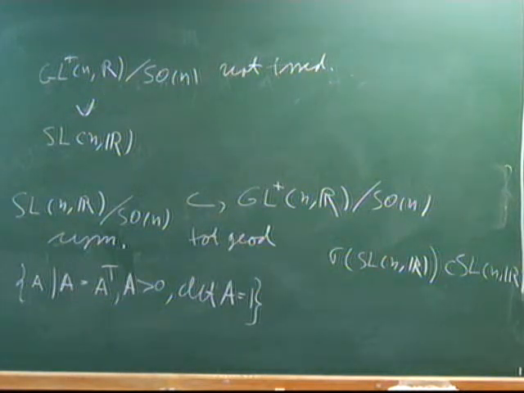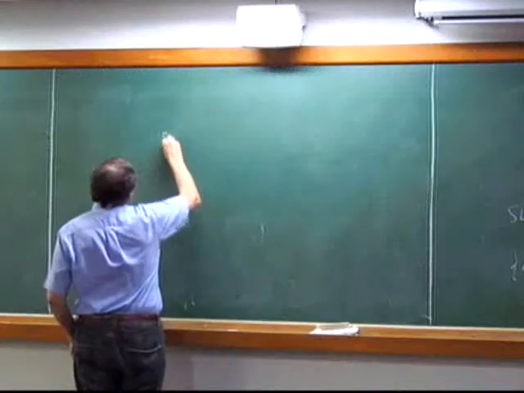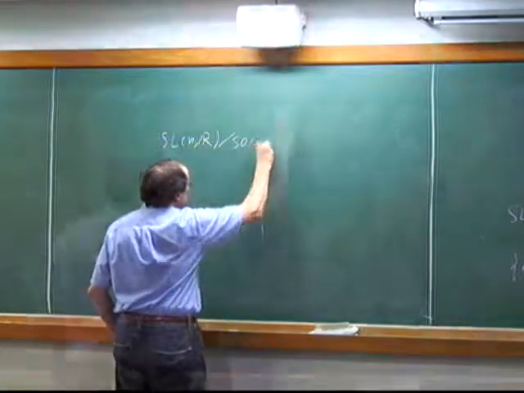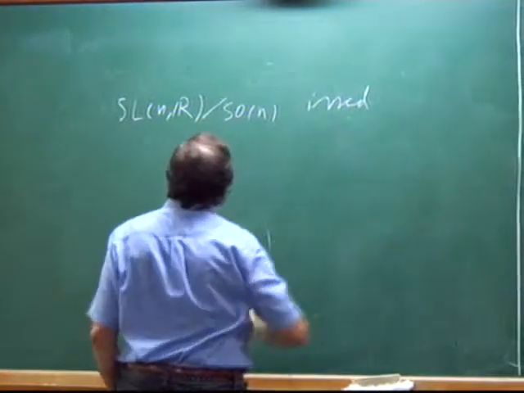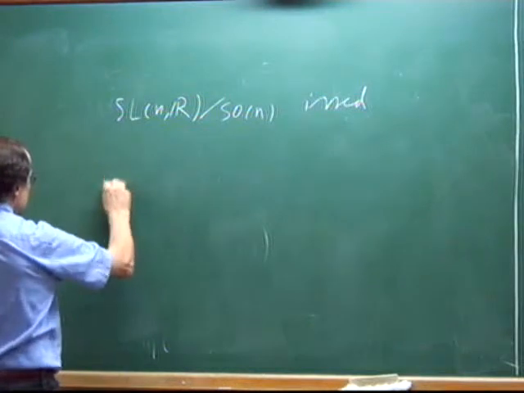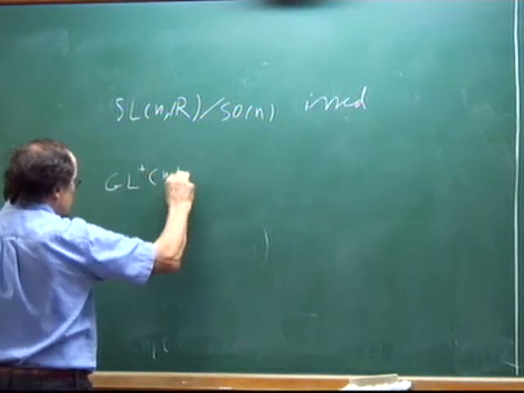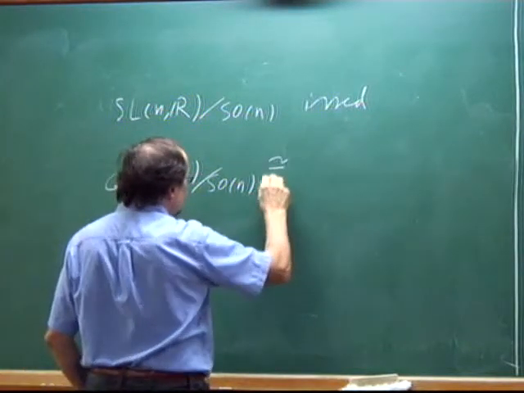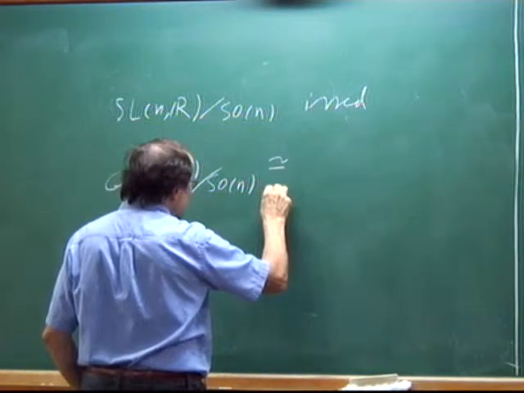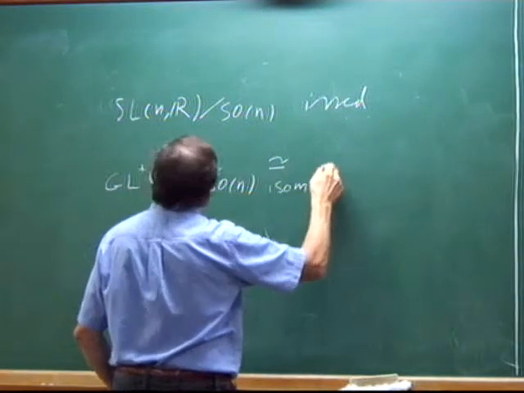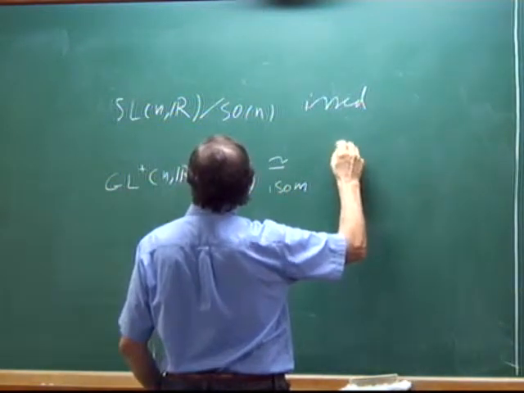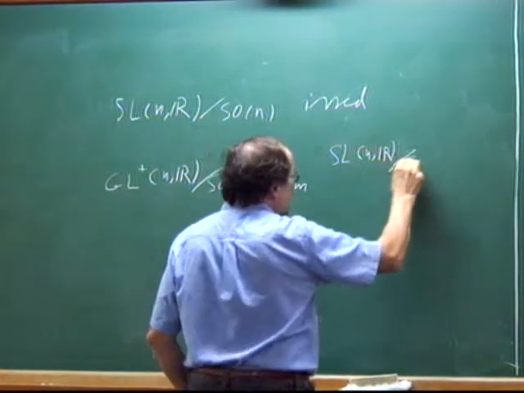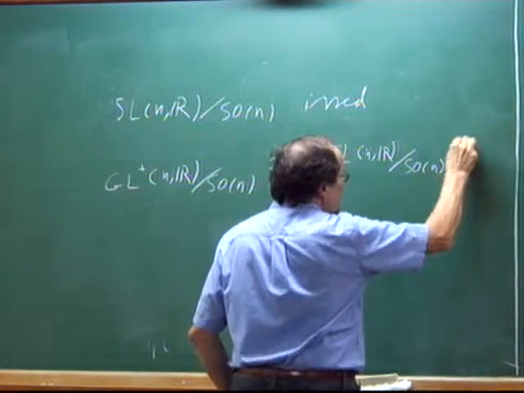We're on Wednesday. So the claim is SL(n,R) mod SO(n) is irreducible. And the whole space is now a product again, and this time it's, I think, isometric: SL(n,R) mod SO(n) cross R now.